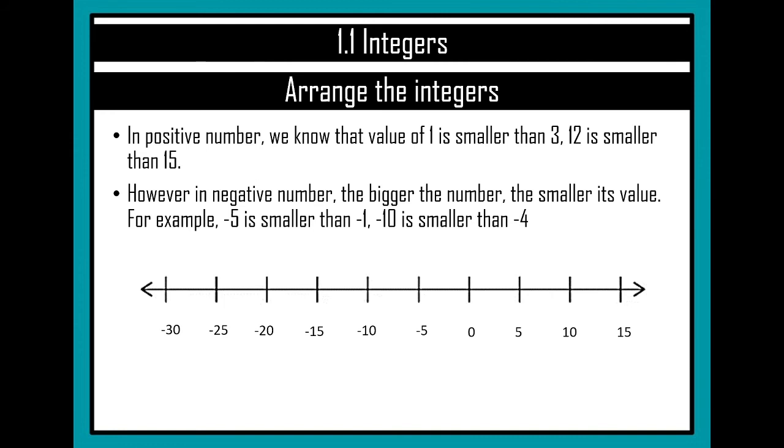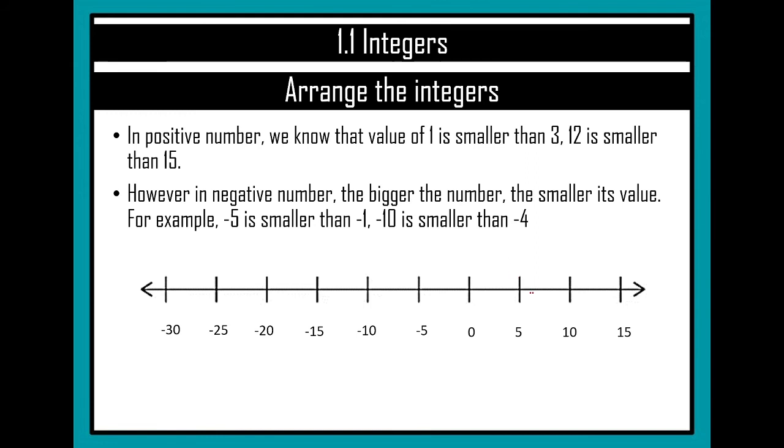You already know that 5 is smaller than 10. 15 is larger than 10. However, for negative numbers, negative 5 is actually larger than negative 10.